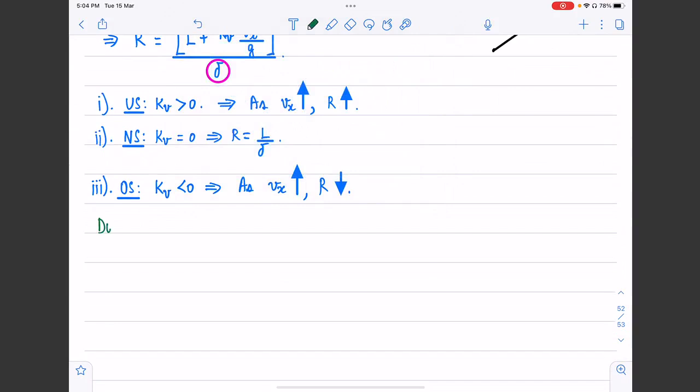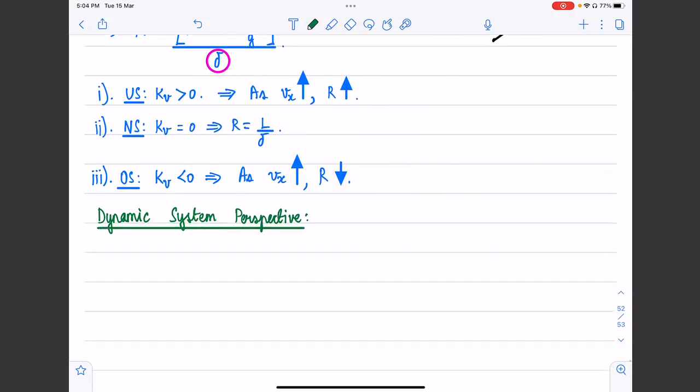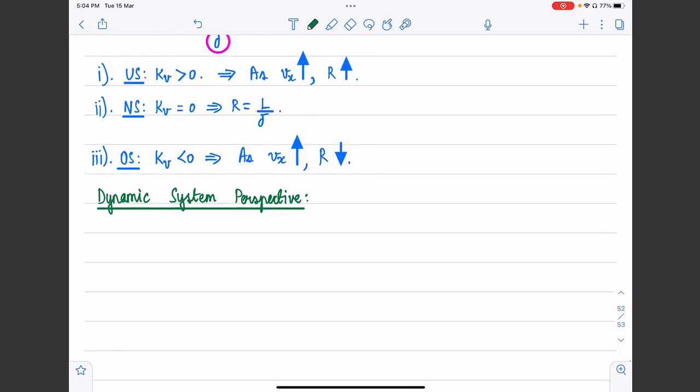Now, let us look at it from our systems perspective. If we recall, we spent quite some time looking at dynamic systems in general, and trying to characterize them through input output models and so on. So let's look at it from that perspective.